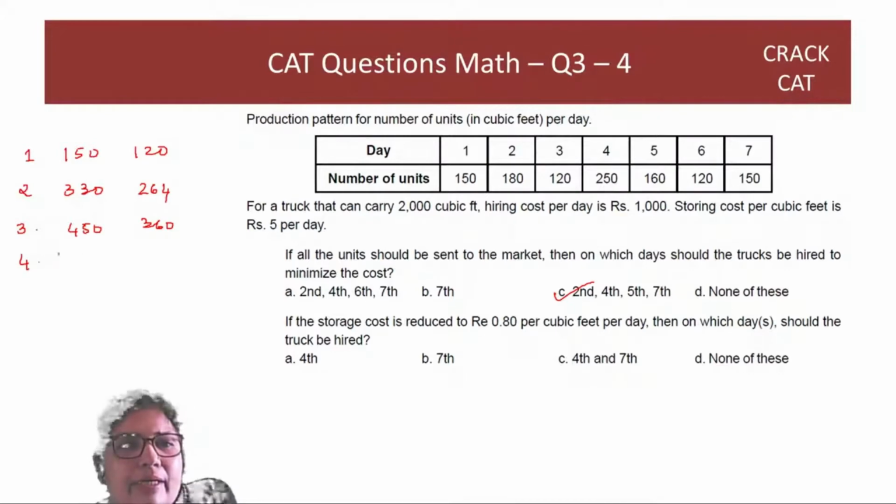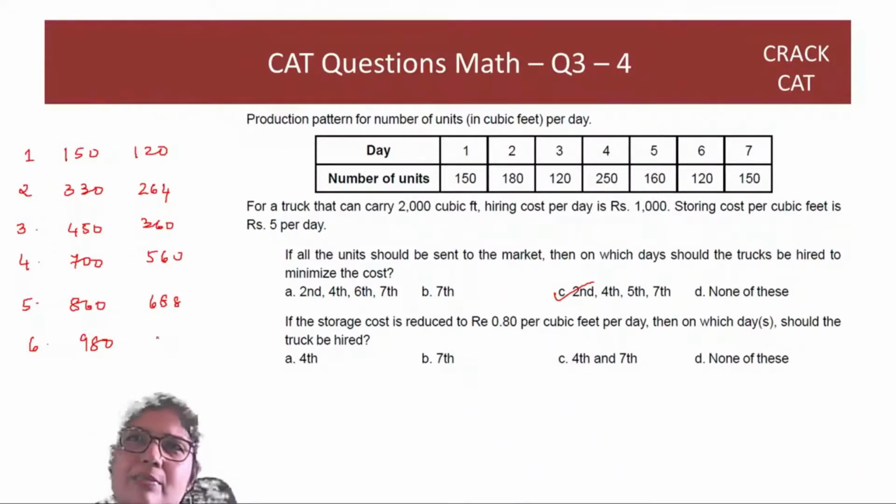On the fourth day you have 700 and this is 560 rupees. On the fifth day you have 860 and 860 into 0.8 is 688. And on the sixth day you have 980. Again this is 784, it's a perfect square, 49 into 16, 28 square.